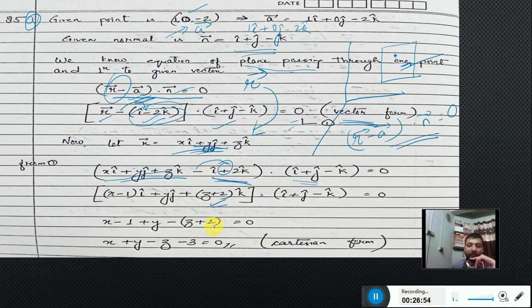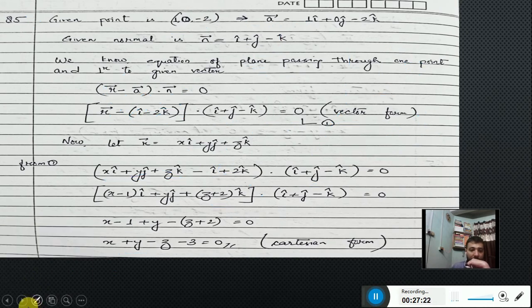Simplification I don't need to explain. When you take the dot product of these two, you will get this and solve it. That is the Cartesian form. So you should not be confused, it's very easy. These things you should be clear with now after doing so much of vectors and straight lines and then planes.